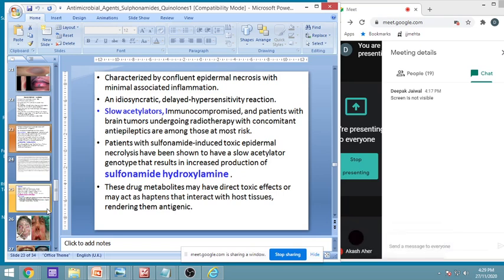Patients with sulfonamide-induced toxic epidermal necrolysis have been shown to have the slow acetylator genotype, resulting in increased production of sulfonamide hydroxylamine, which actually causes the allergic or hypersensitivity reaction. These drug metabolites may have a direct toxic effect, and they may act as haptens. You must know, we have seen haptens during allergy and immunology, and they interact with the host tissues, rendering them antigenic.